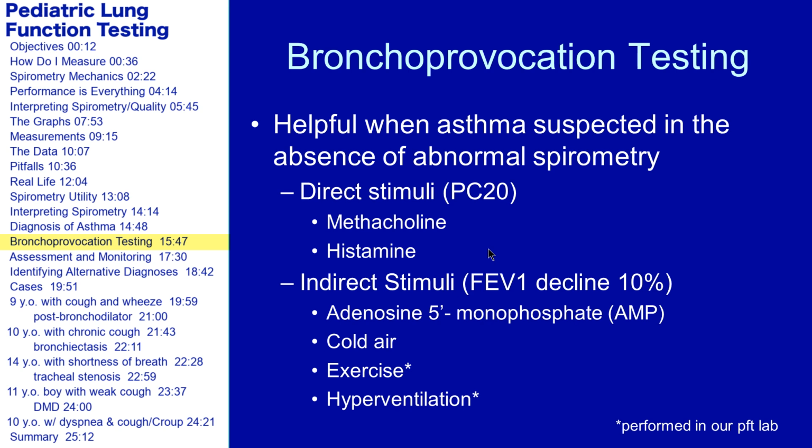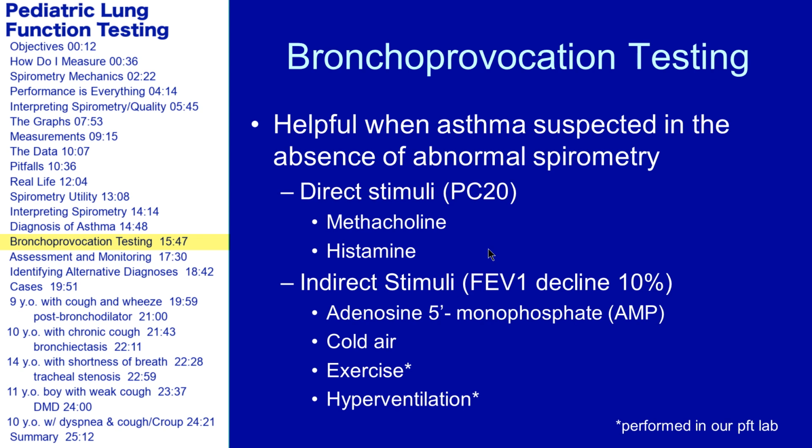Bronchoprovocation testing can be helpful when you still suspect asthma, but the spirometry appears normal to you. And there's two different ways that we can look at bronchoprovocation testing. So the first type is by direct stimuli, and these are things like methacholine and histamine. For these methods, the chemical is inhaled, it directly affects the smooth muscle around the bronchi and causes constriction.